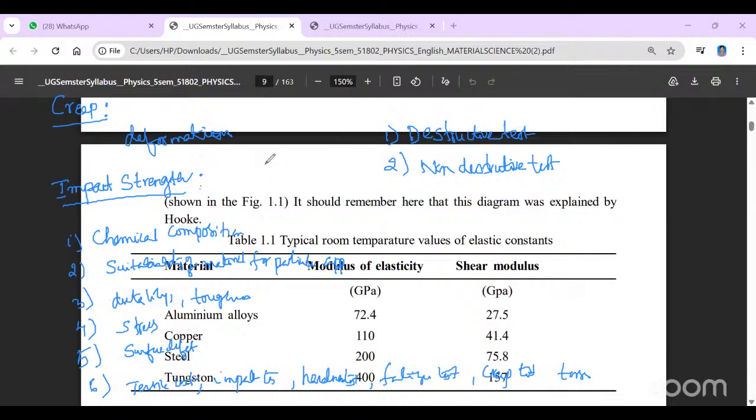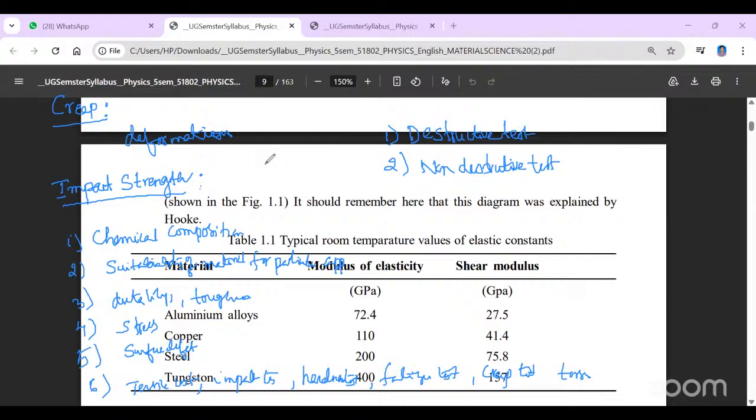In the case of the destructive test, the specimen is destroyed and cannot be reused. The tests are conducted on similar specimens under the same conditions.